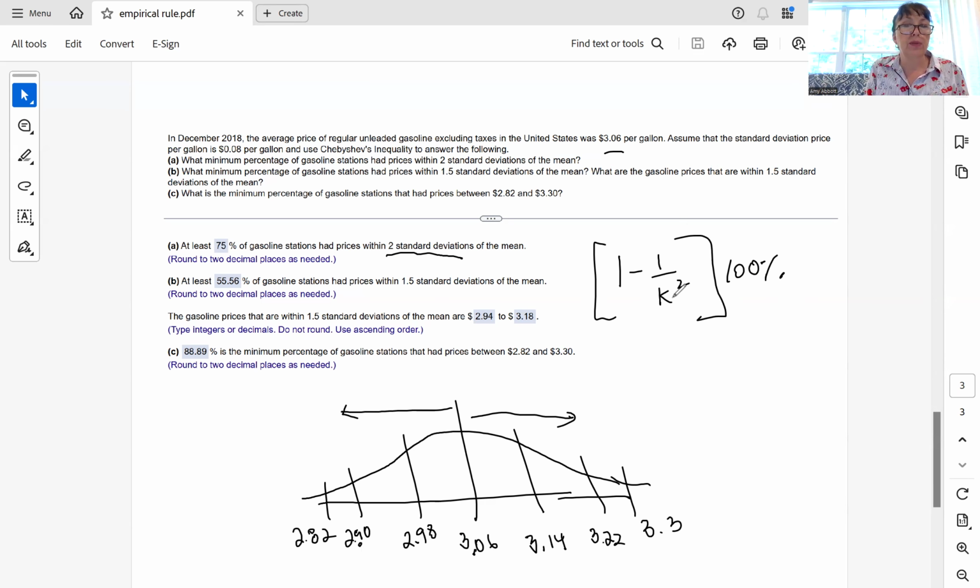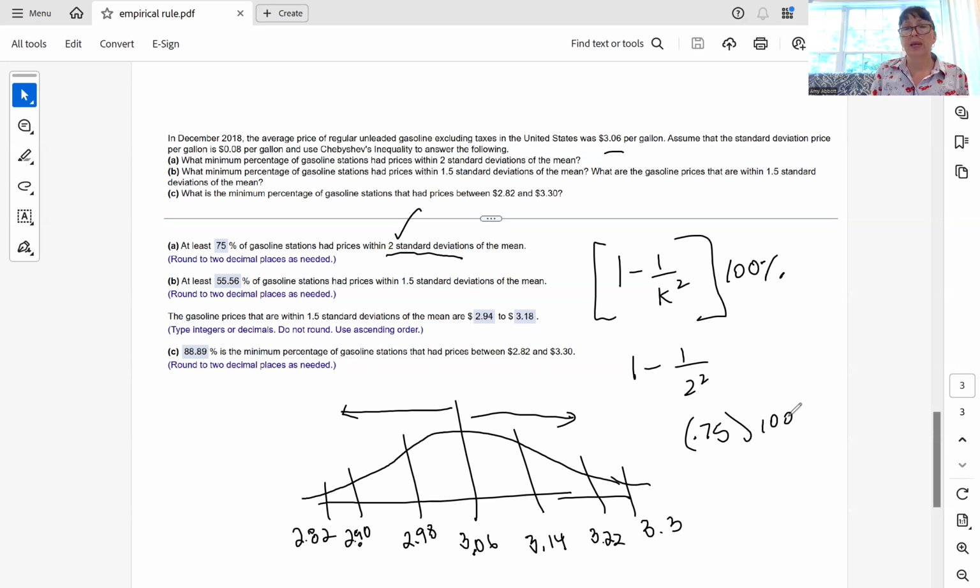The k is the number of standard deviations, so put a 2 in there. So 1 minus 1 over 2 squared, so 1 minus a fourth, which is 0.75, and then multiply that by 100, and you get 75%. So 75% of the information, according to the Russian mathematician's theorem, is within 2 standard deviations.